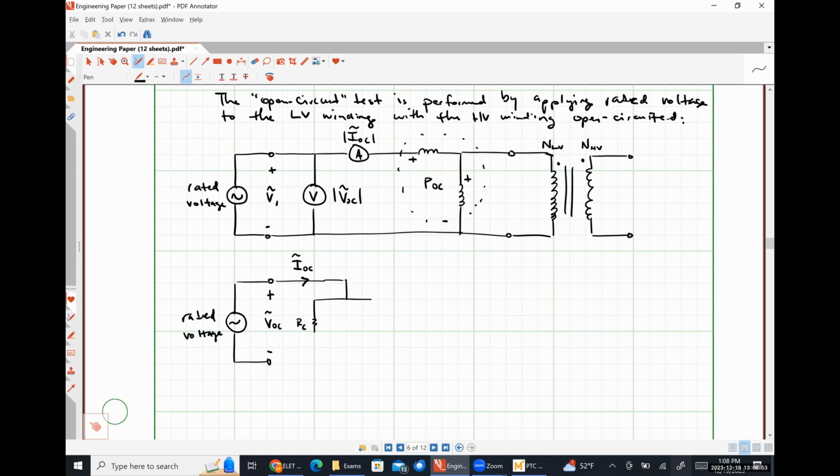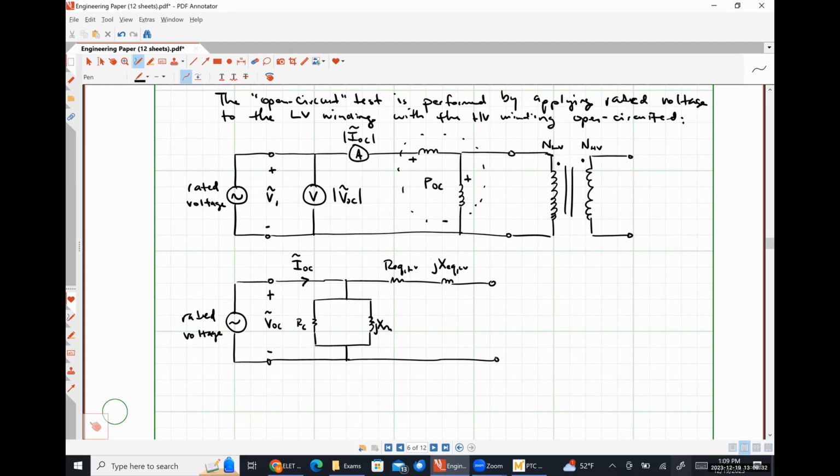So here's RC in parallel with JXM. Here's REQ on the low voltage side too. Here's JXEQ on the low voltage side. And then we're open circuited over here on the right.